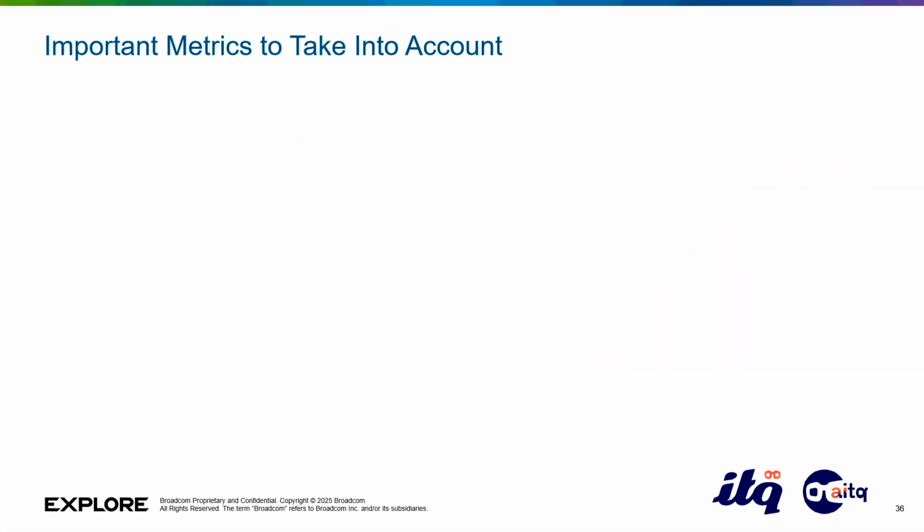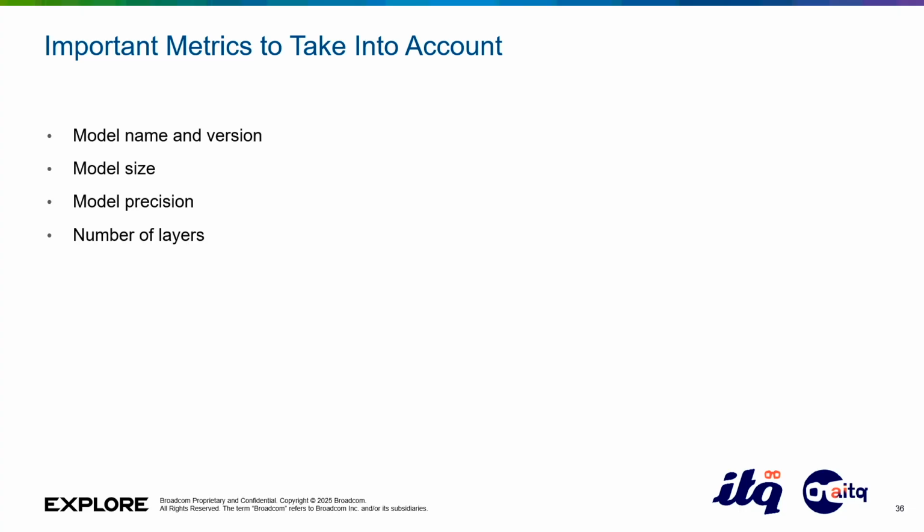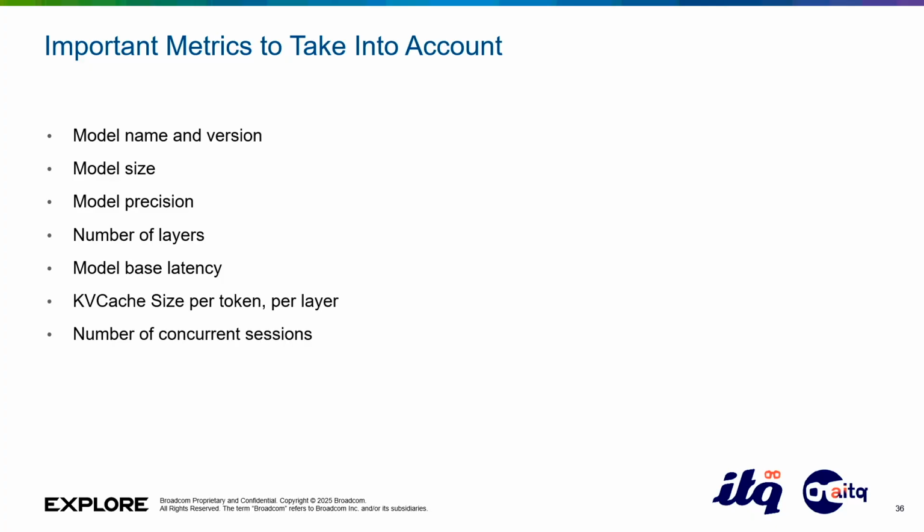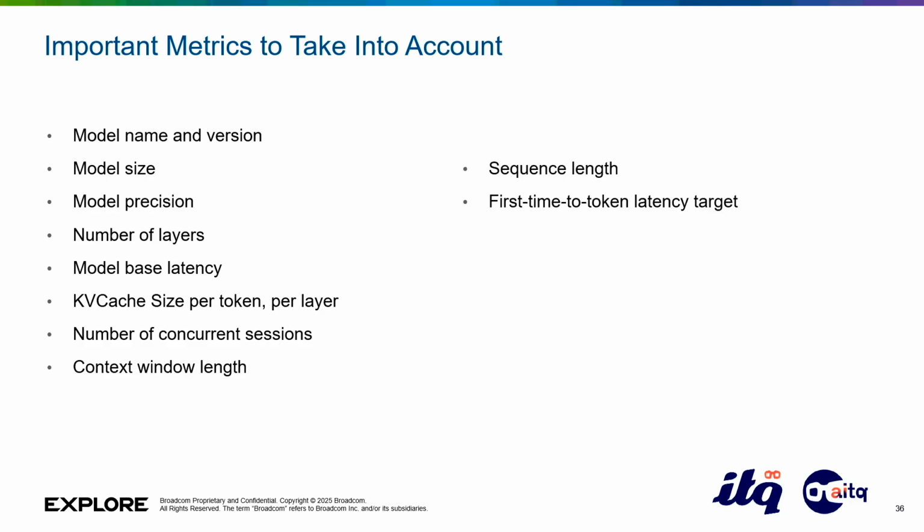If you look at the important metrics to take into account, there's a large number. That's the size, the precision, the number of layers, the latency, the KV cache size per token, the number of concurrent sessions, the context length window, so the number of tokens a second that you get presented in your session. The sequence length, the first time to token latency, really important.